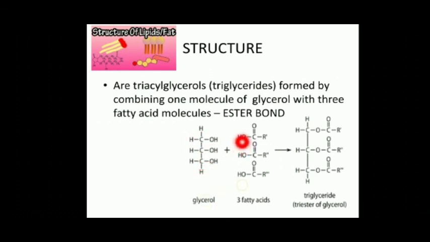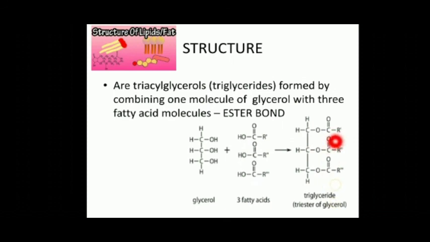Here you can see three molecules of fatty acid: this is the first fatty acid, this is the second, and this is the third. So this one molecule of glycerol is joined with the three molecules of fatty acid by a special type of bond, and then we get a triglyceride. So this is a lipid molecule.